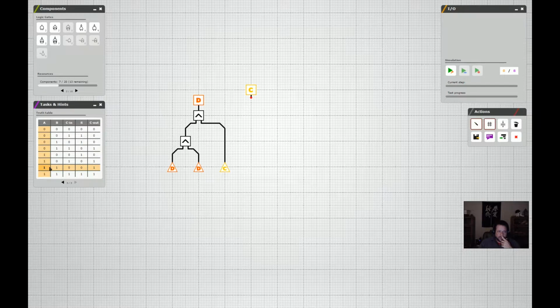Well, let's take the easiest bit here, actually. When A and B are 1. Okay, well, we got A and B. When they're 1s, if we ANDed those together, wouldn't that turn on the carry bit? I think it would. So we could take an AND gate, and let me try to put it somewhere where we can have decent spacing here.